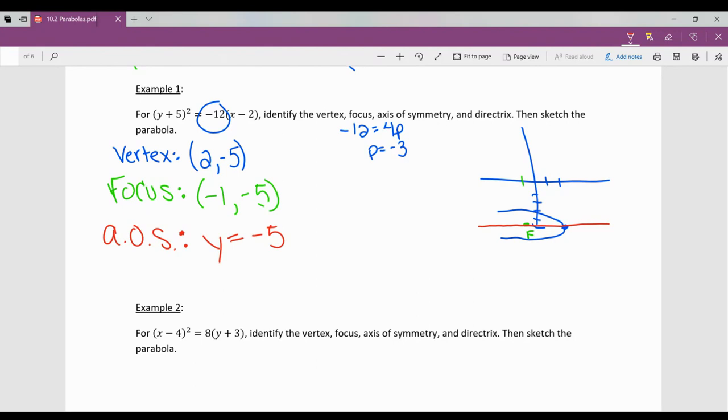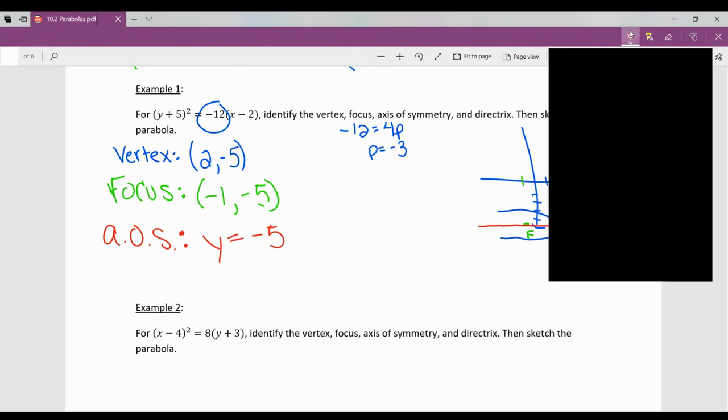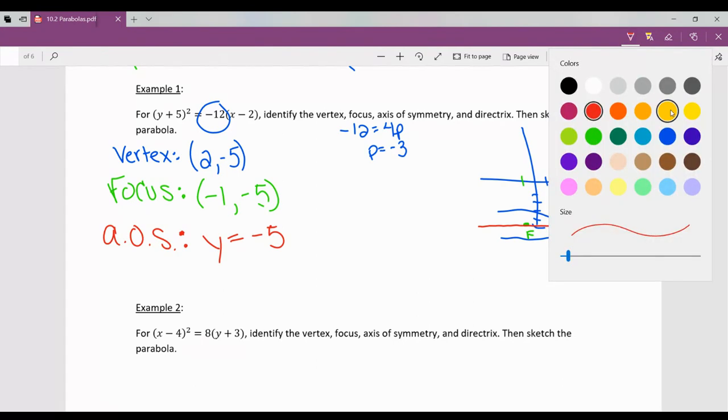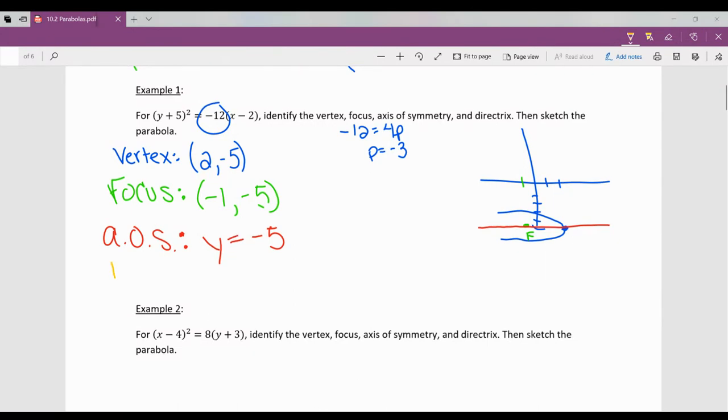All right, and the last thing is my directrix. So we'll do that in gold. My directrix is going to be 3 units to the right from my vertex. So I go 1, 2, 3.